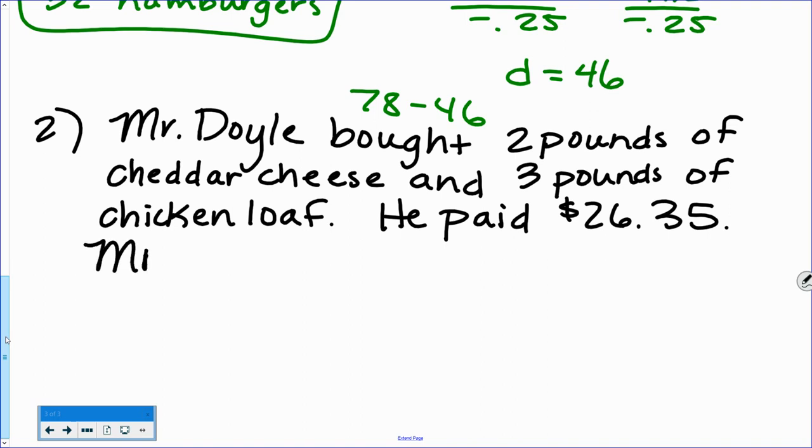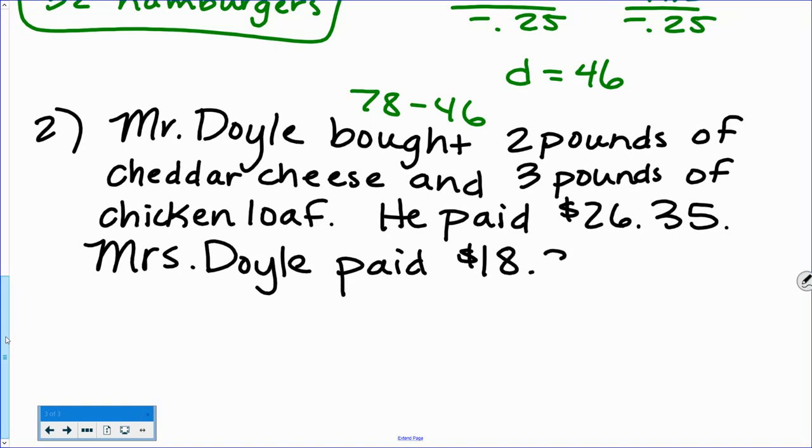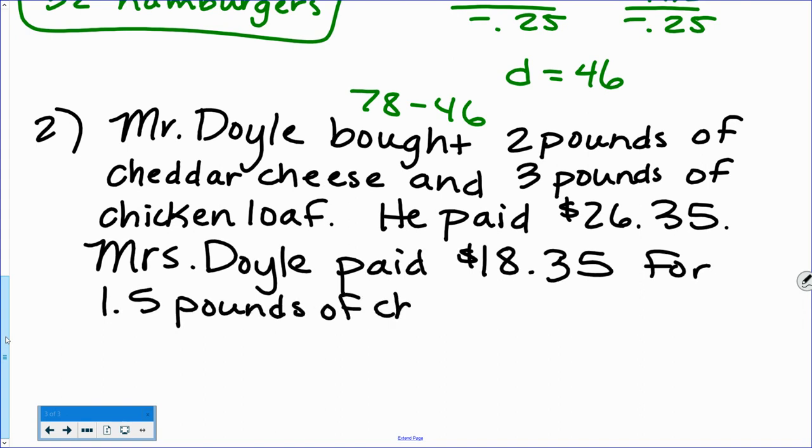Mrs. Doyle paid $18.35 for 1.5 pounds of cheese and 2 pounds of chicken loaf.